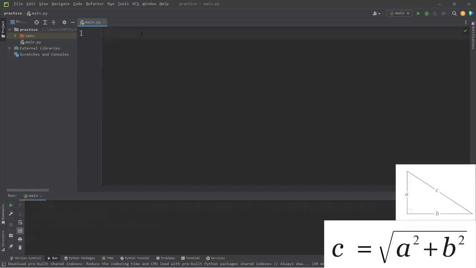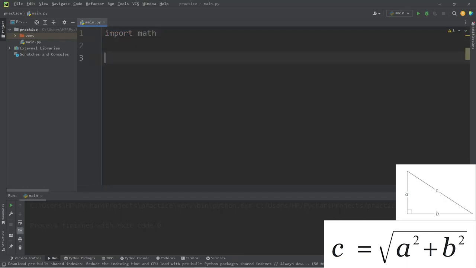For this last program, we're going to find the hypotenuse of a right triangle. The formula to calculate the hypotenuse of a right-angled triangle is C equals the square root of a squared plus b squared. We'll begin by importing the math module.